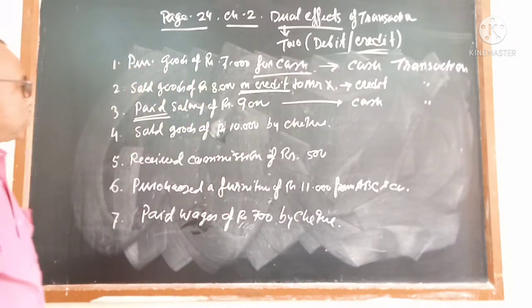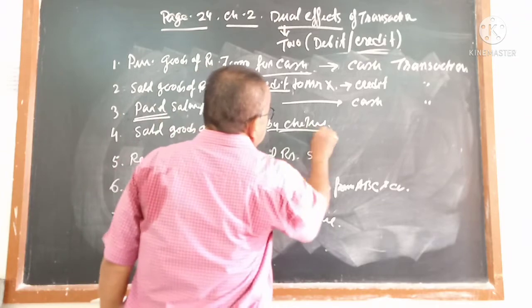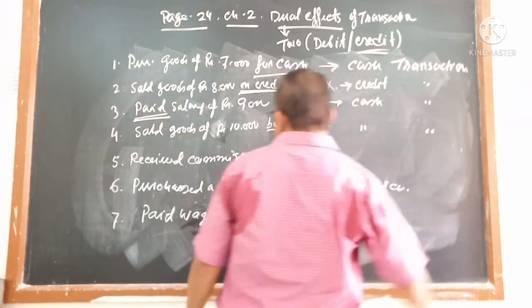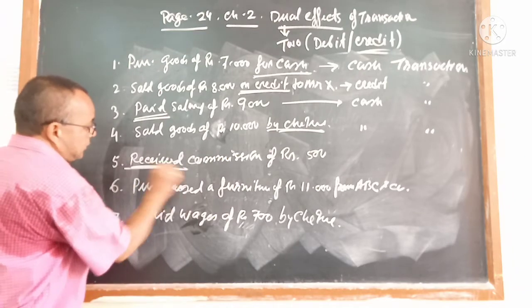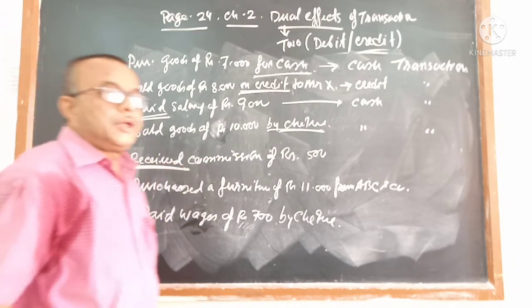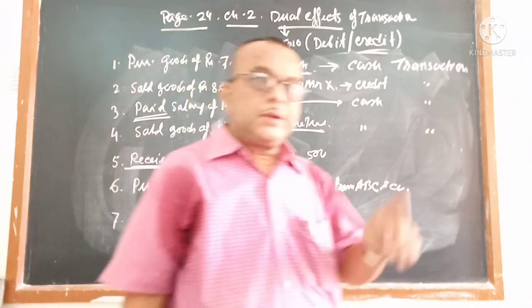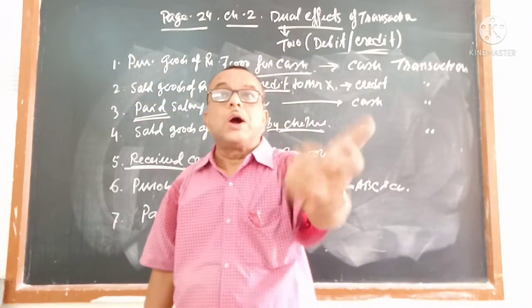Number 4, sold goods of ₹10,000 by check. You got it? By check, so it is a cash transaction. Received commission of ₹500. Received is there. If the word received is there, then preference will be given to the word received.